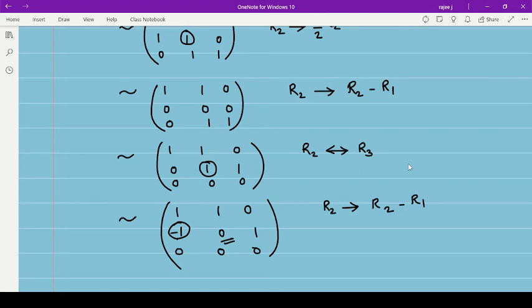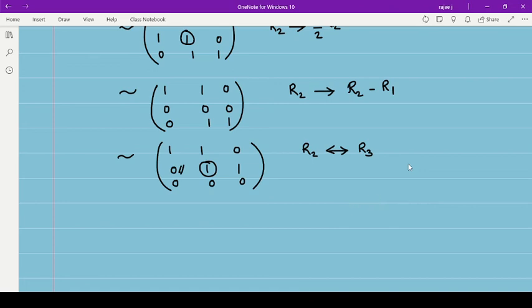So this step you should not do. After this, you cannot make any element 0, and if you make this element 0, some number will come, which is not possible for echelon form.